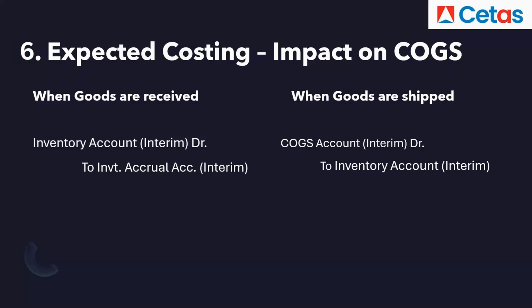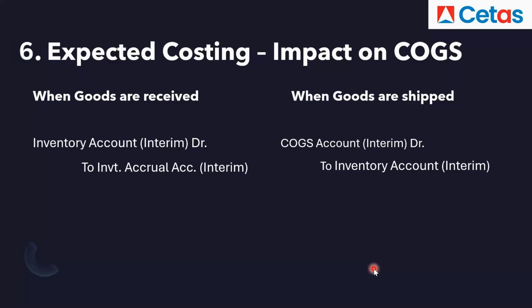So, in the case of purchases, there is an increase in assets and liability. Whereas in the case of sales, there is an increase in an asset and a decrease in another asset. These are not real expenses or revenues. They are only temporary balance sheet adjustments.